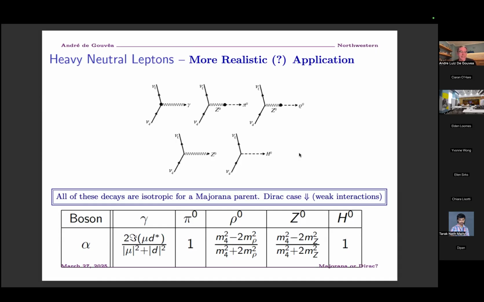I would say that these kinds of searches are not there, but if you did have a Tera-Z machine, you would kind of kiss the seesaw line for people who are experts in this. So it's a nice place to look for your seesaw neutrinos because you're starting to be sensitive to naive expectations from just a regular type 1 seesaw.